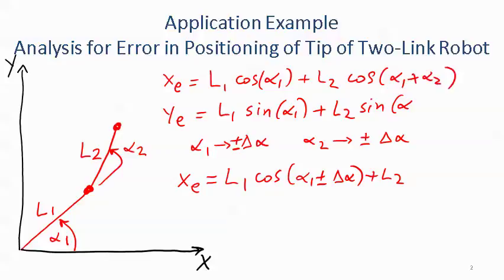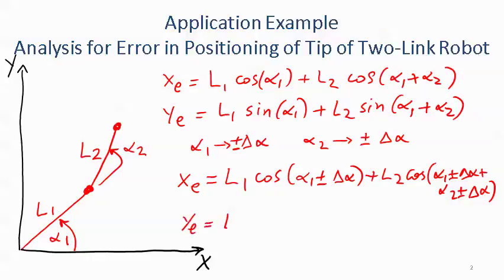Apologize for that. So this will be going back. We have XE equals L1 cosine alpha 1 plus minus delta alpha plus L2 cosine alpha 1 plus minus delta alpha plus alpha 2 plus minus delta alpha. And YE is going to be a similar expression.